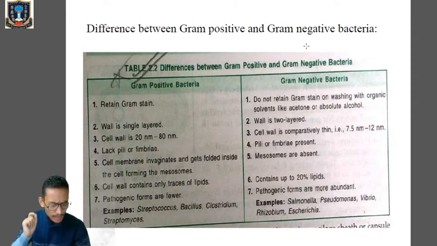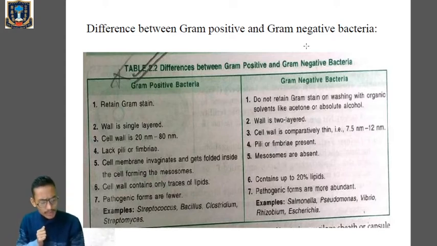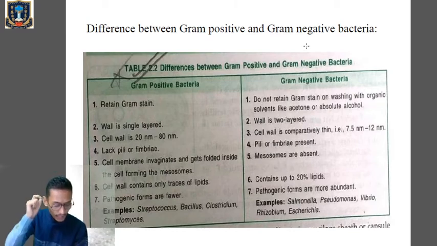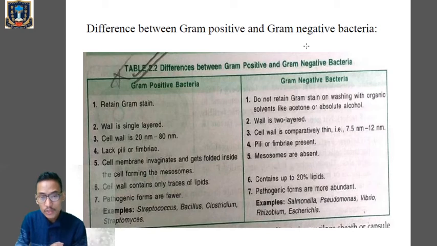He stained bacteria with crystal violet stain, stabilized with 0.5% iodine solution, and subsequently washed with acetone or alcohol.